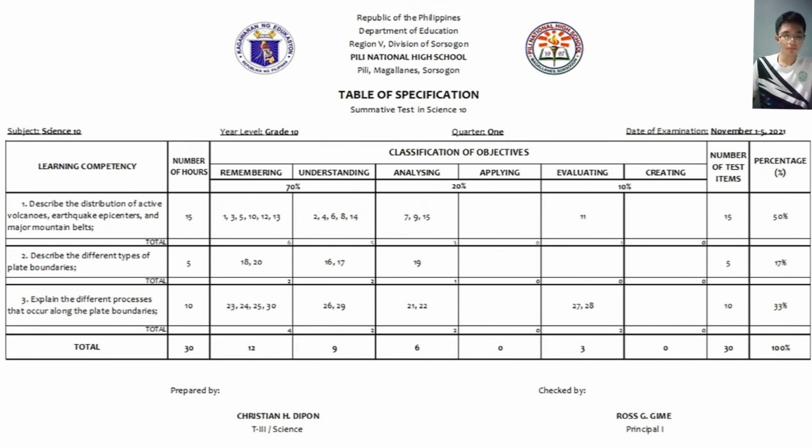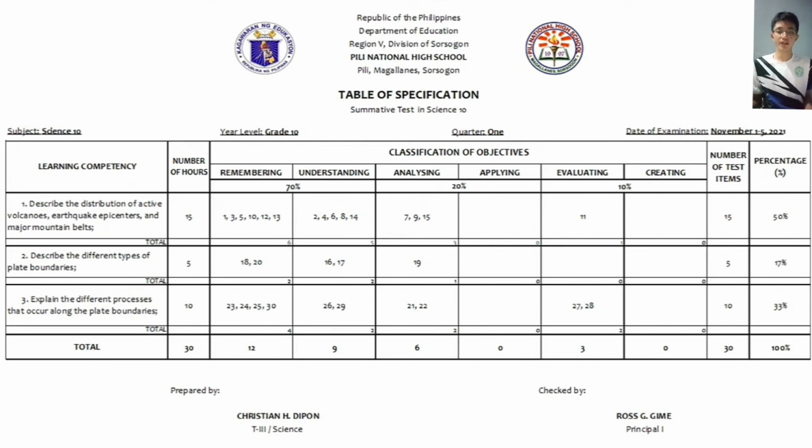If your learning competencies or topics are hard, then it is only valid to give a longer period, more minutes or hours, so your students can think more about that topic. In our example, it gives 15 hours for the first learning competency, 5 hours for the second, and 10 hours for the third competency. So the total number of hours is equal to 30.